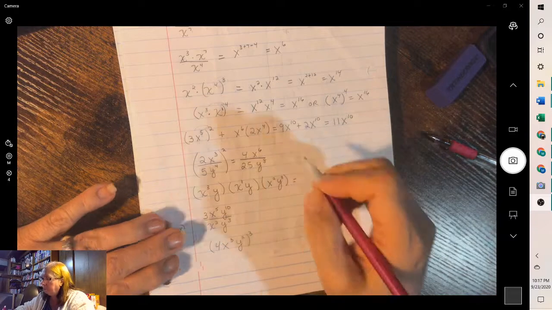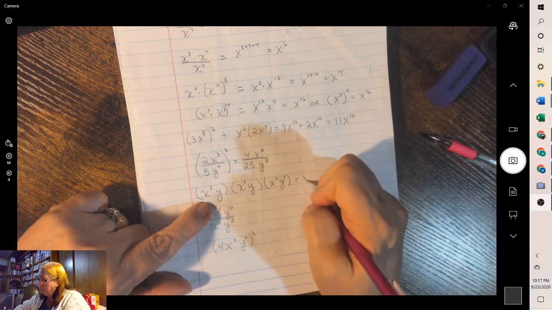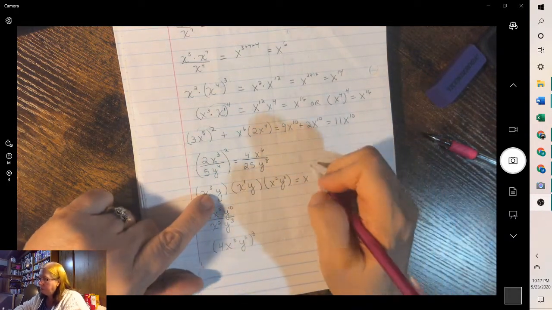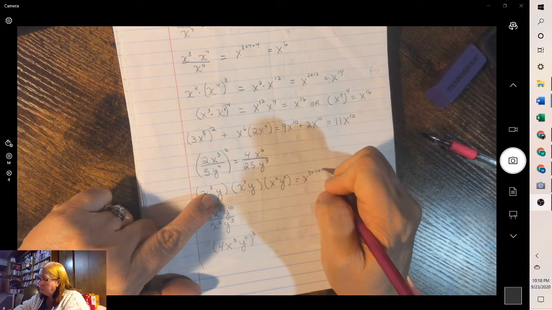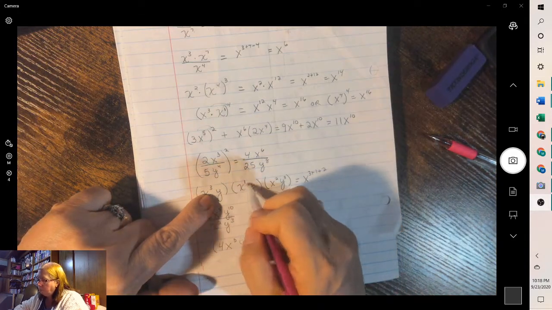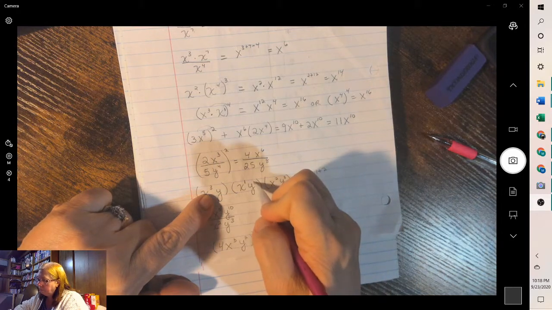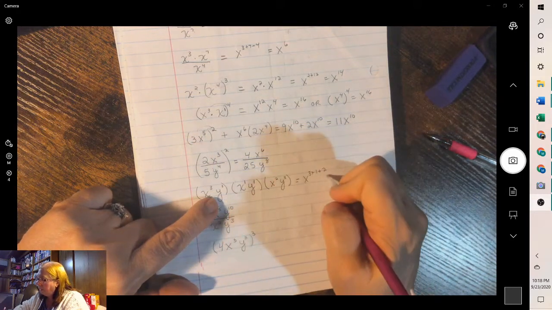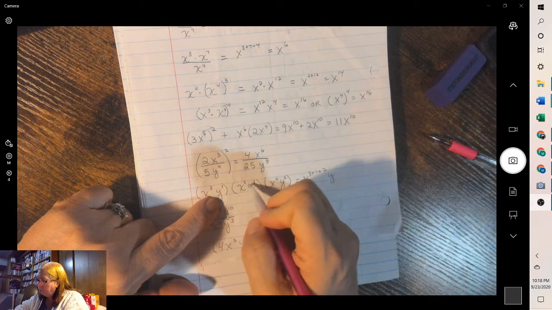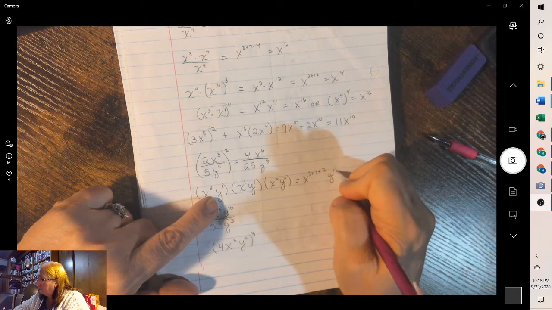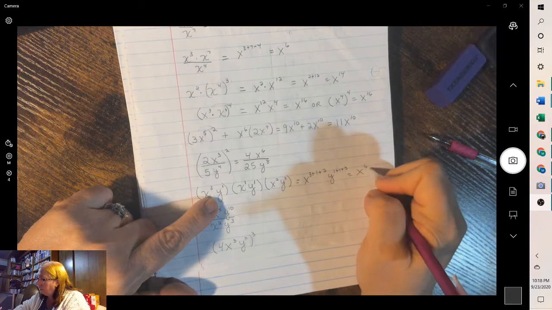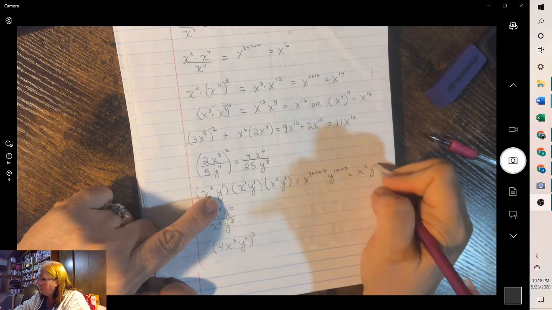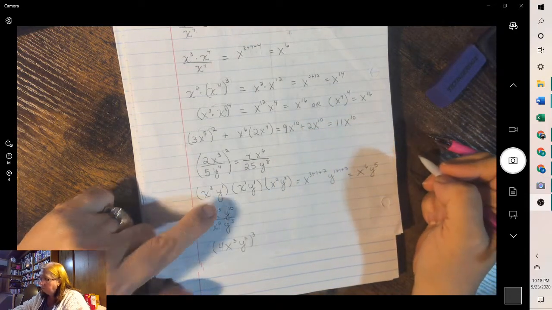Remember, when you're multiplying, you add your exponents. And you can just add them all together. So we have x cubed plus 1 plus 2. 3, 1, and 2. And then the y's, 1 plus 1 plus 3. So we have x to the 6th, y to the 3, 4, 5.